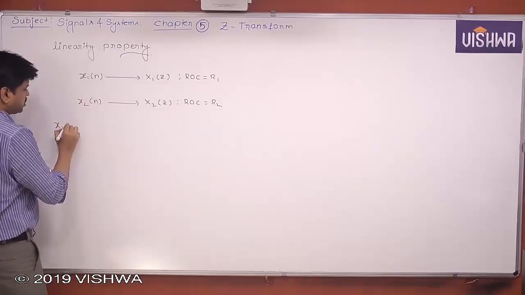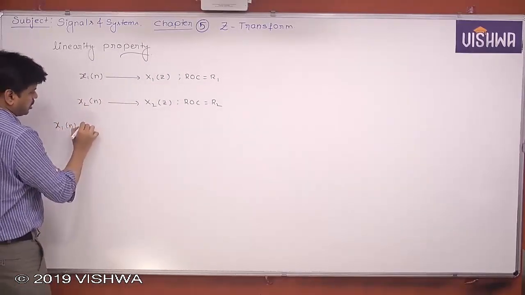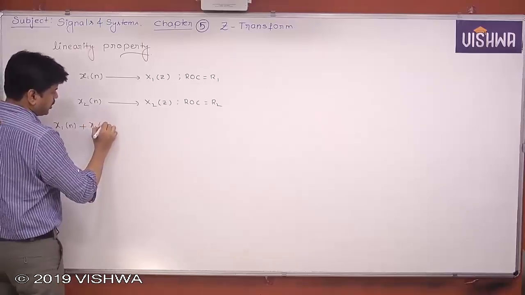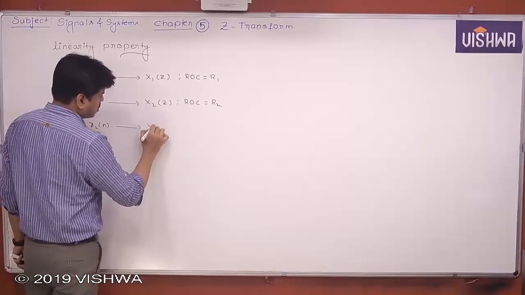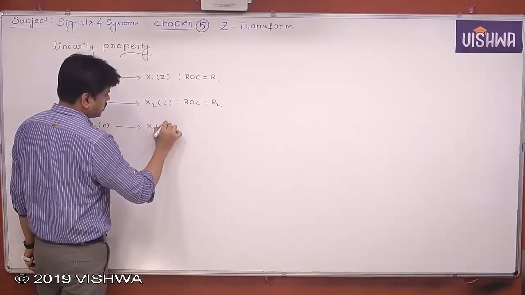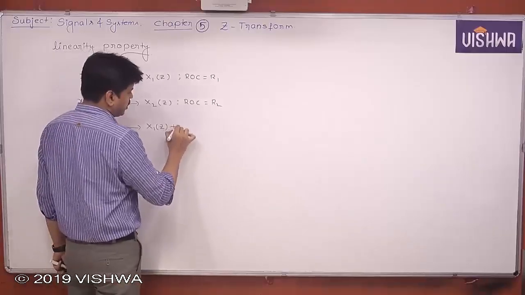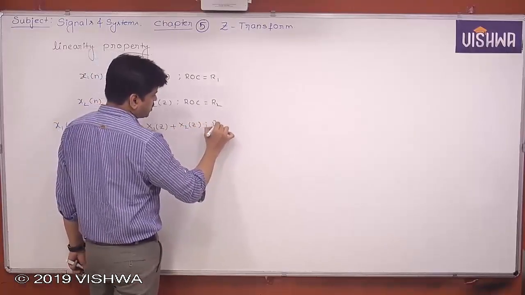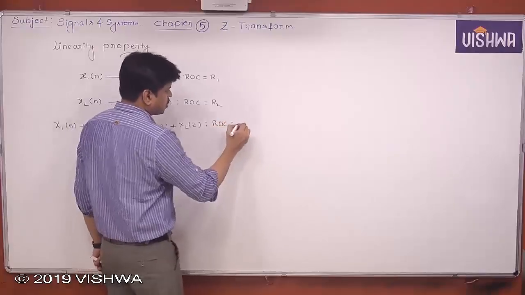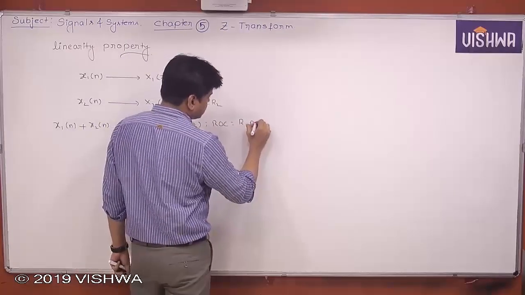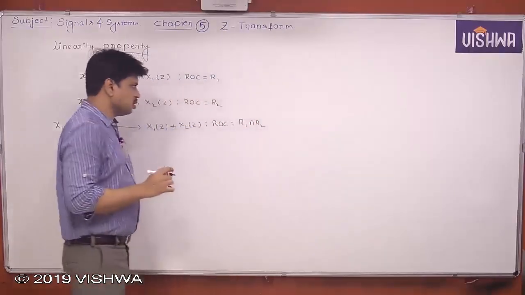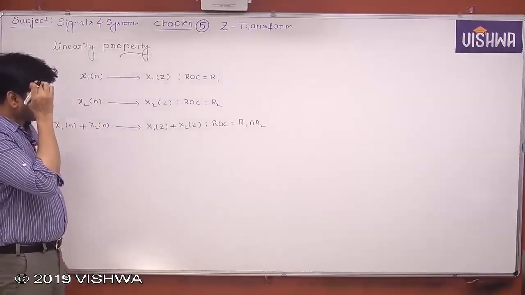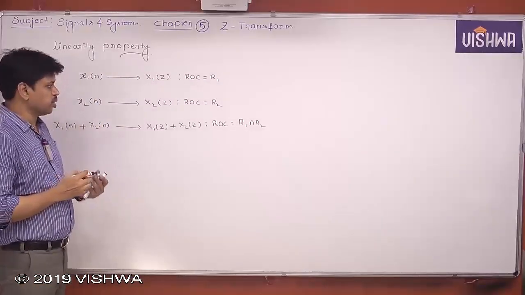If I combine these signals x1 of n plus x2 of n, then this is going to give you x1 of z plus x2 of z, and ROC is R1 intersection R2. So you might remember in the Laplace transform also we have seen linearity property.